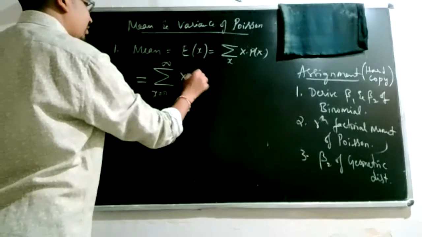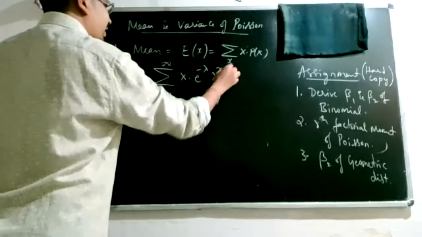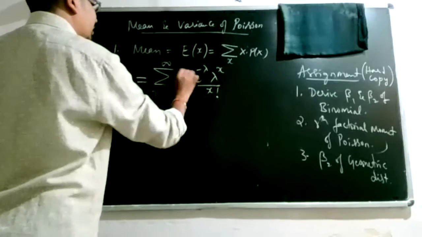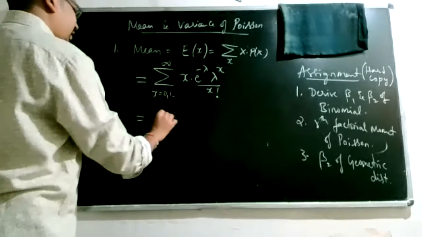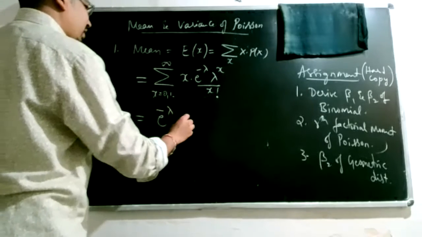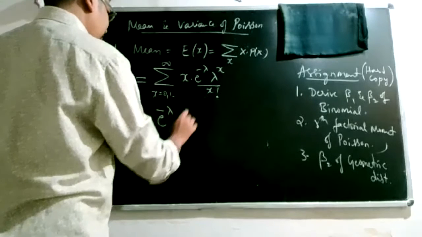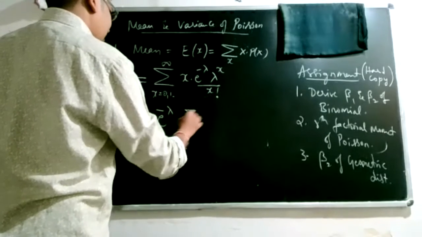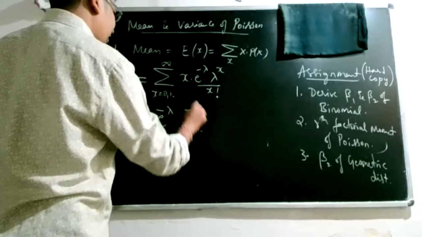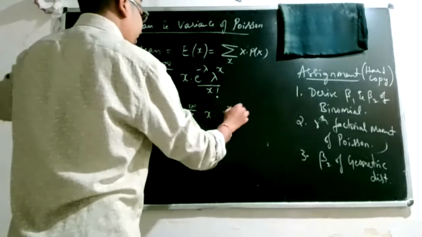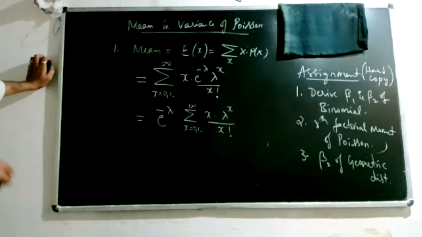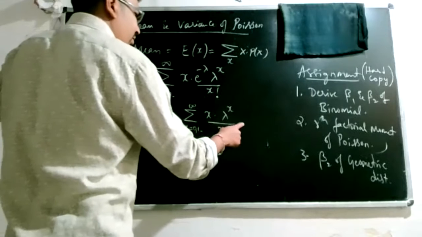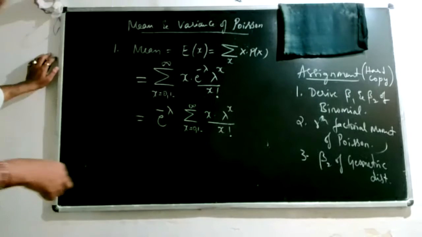I'll have x into e power minus lambda, lambda power x by x factorial. I can cancel out one x and take e power minus lambda outside. So I'll have summation x equals 1 to infinity, x into lambda power x by x factorial. Now you can simply substitute x equals 0.